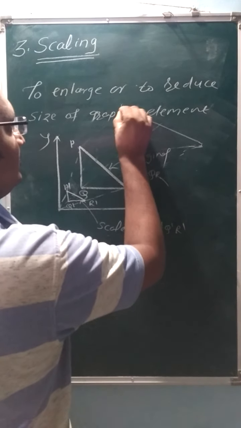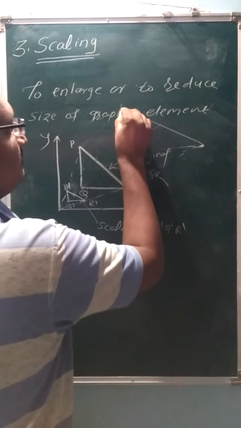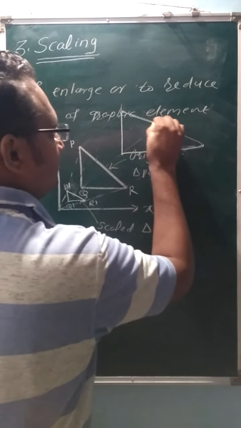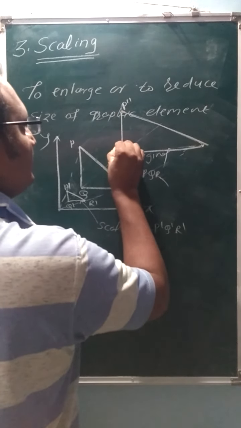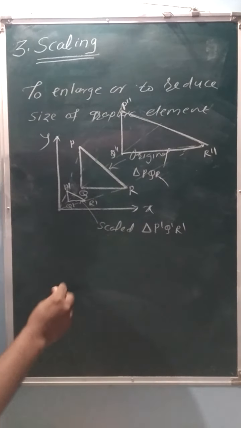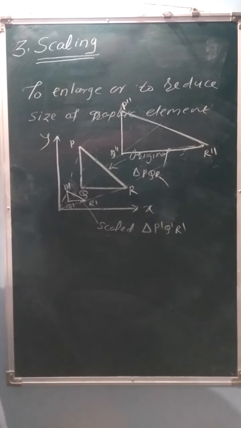This may be the second scaled position, the enlarged position, P double dash, Q double dash and R double dash. So here our aim is to find the coordinates of a scaled triangle.